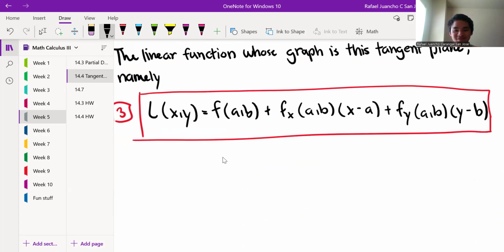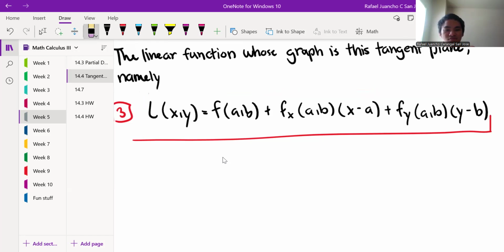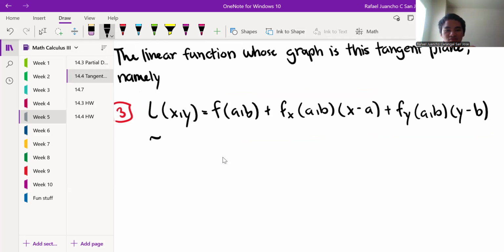Just closing the gap there. What else can we say? So that's called the linearization of f, and the approximation as well. Let me just continue this. There we go. That's the approximation.